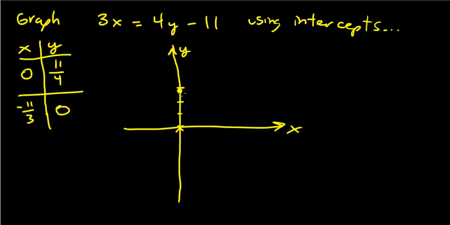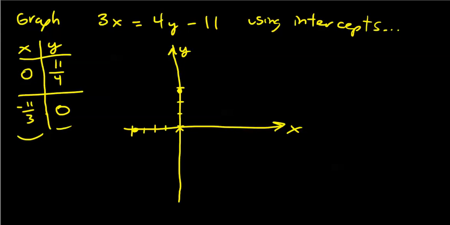Now, if y is 0, x is minus 11 thirds. Well, minus 12 thirds is going to be minus 4, so I'm going to be just short of minus 4 on the x-axis.